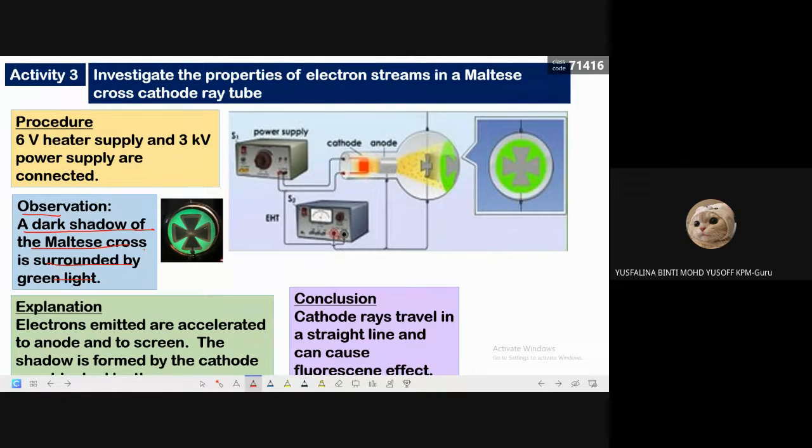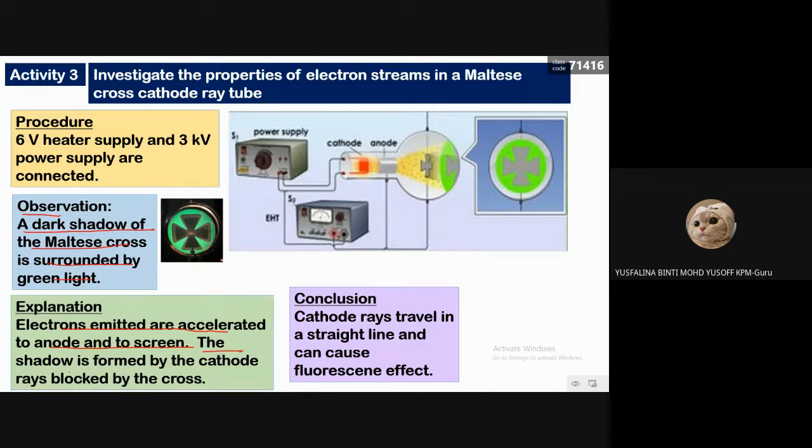Just now it was yellow light, now it becomes green light. So what is the explanation? The electrons emitted from the cathode are accelerated to the anode and to the screen.